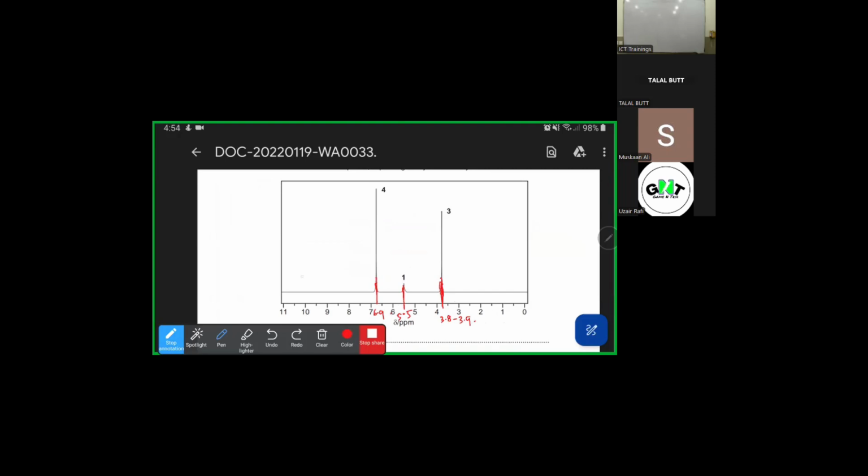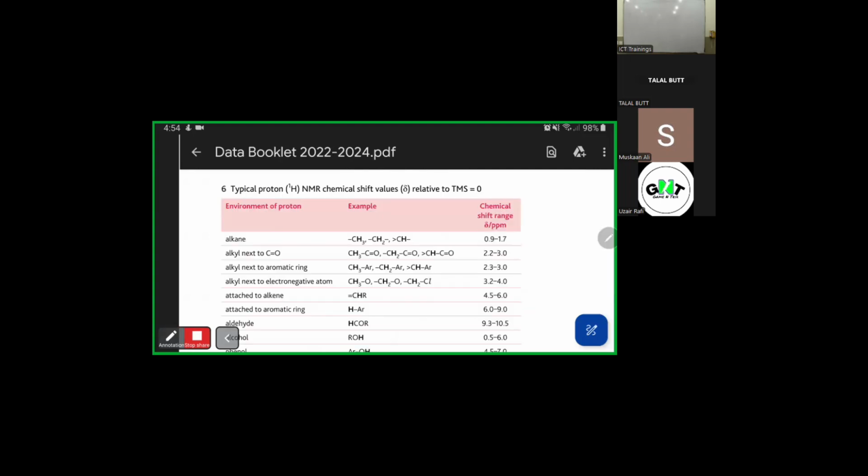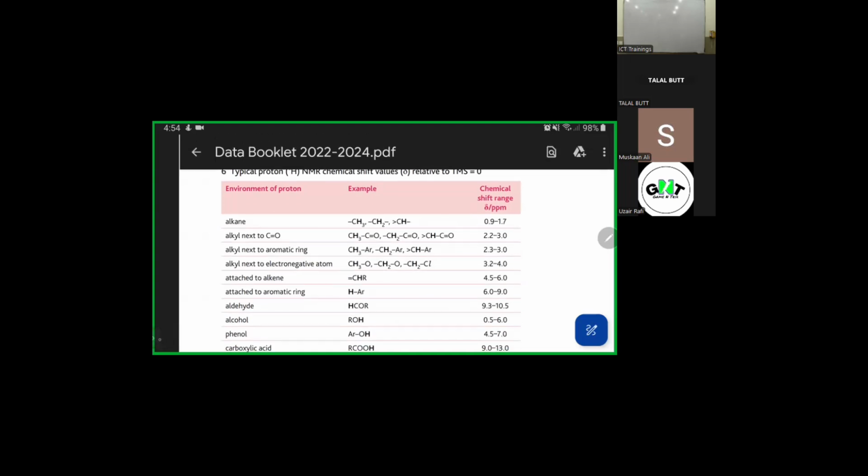So these are the 3 values present up here. Now I'm going to search these values, keeping in mind that we got 7 carbons up there. The first value was 3.9 or 3.8, so let's check it.